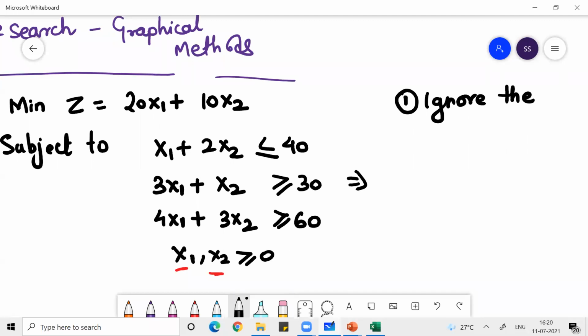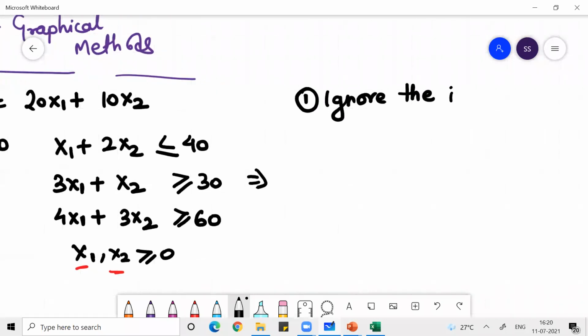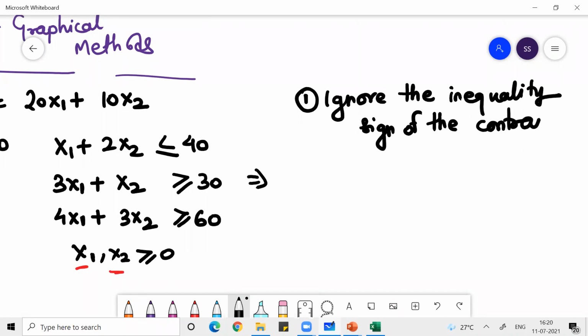Okay, so what I'm requesting you to understand here is that in the constraint, ignore the inequality sign of the constraint. So whatever constraint you have, ignore the inequality sign of it.